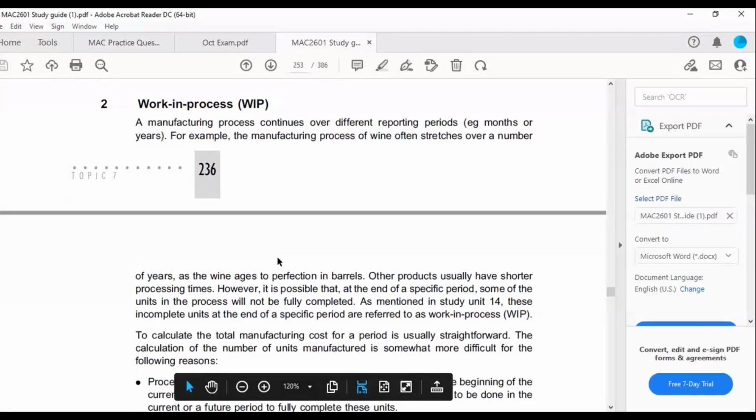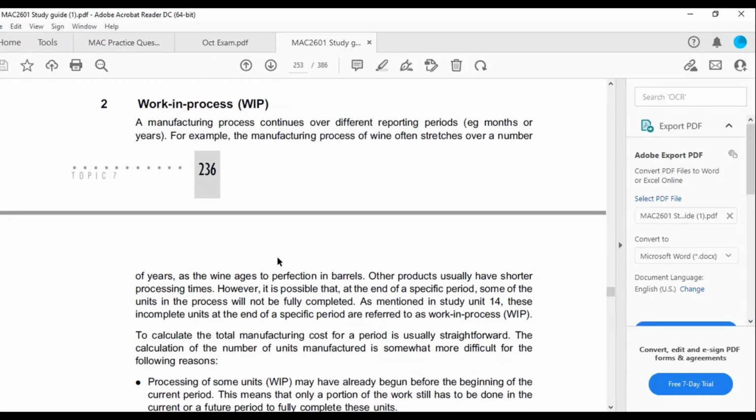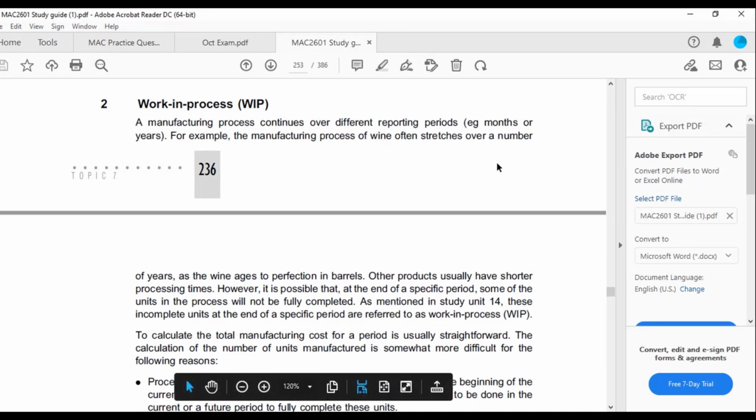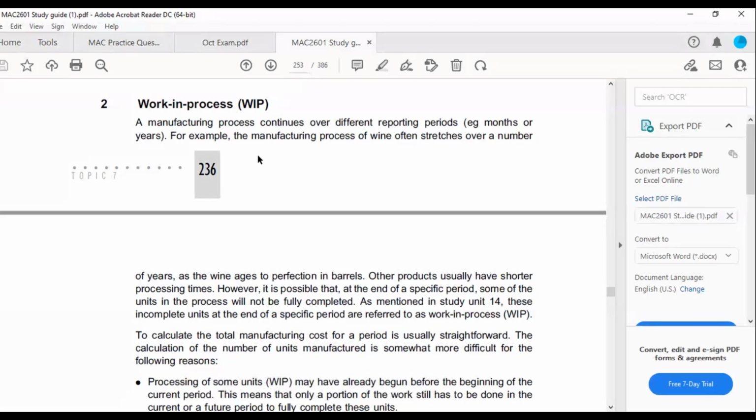We are being told here that a manufacturing process continues over different periods. For example, when you're manufacturing wine, it stretches over a number of years and the wine ages to perfection inside the barrels. Other products take a shorter processing time.